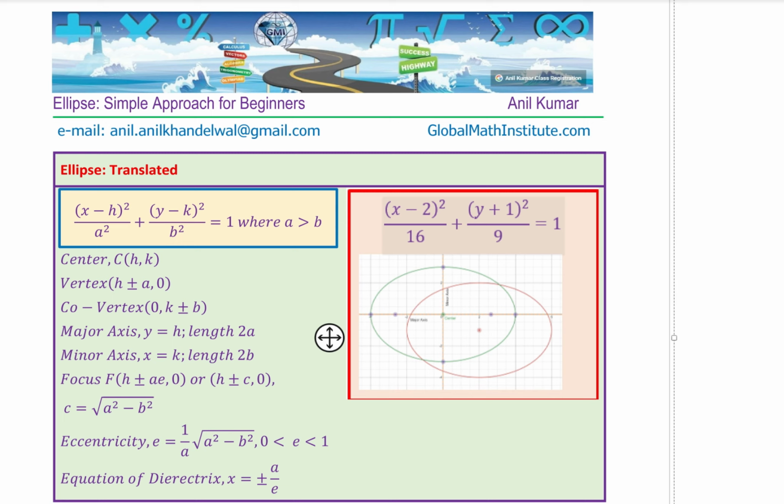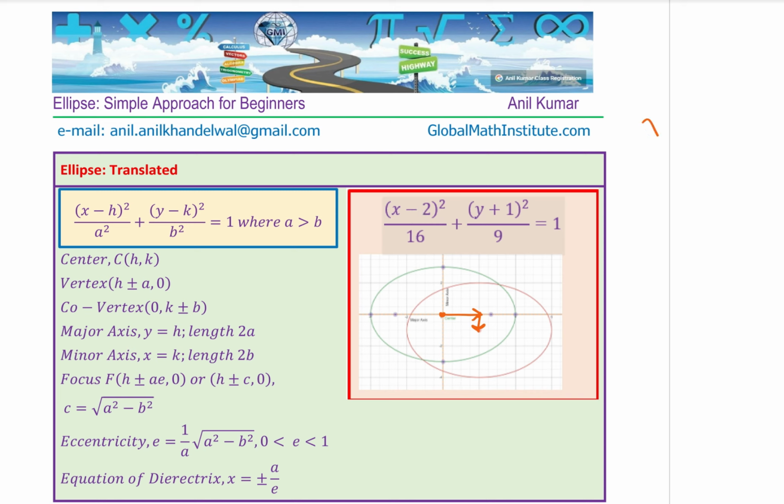So the figure here is actually showing that the original, with center at 0, has moved 2 units to the right and 1 unit down, correct? So when it moves like this, what happens? Translation, right? So in the standard equation, we will move x 2 units right. So the x squared term becomes x minus 2 whole square, right?